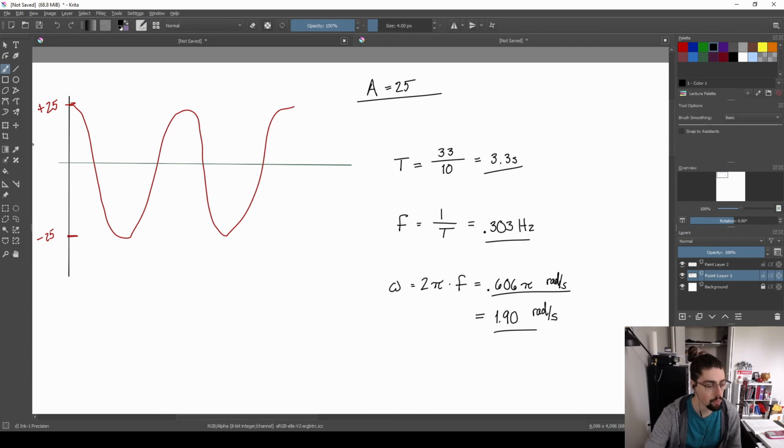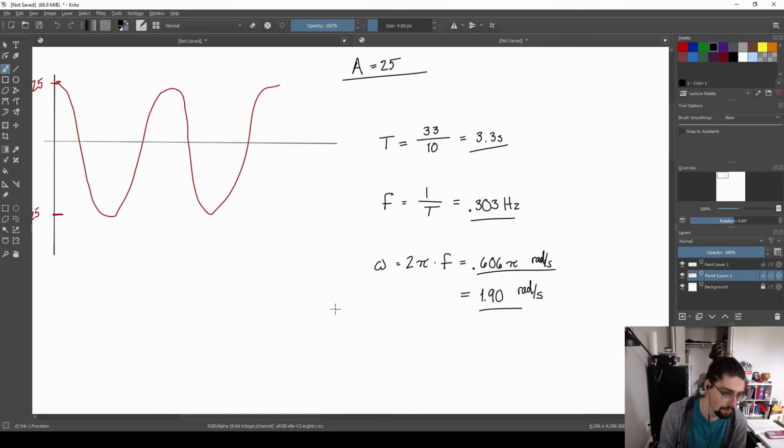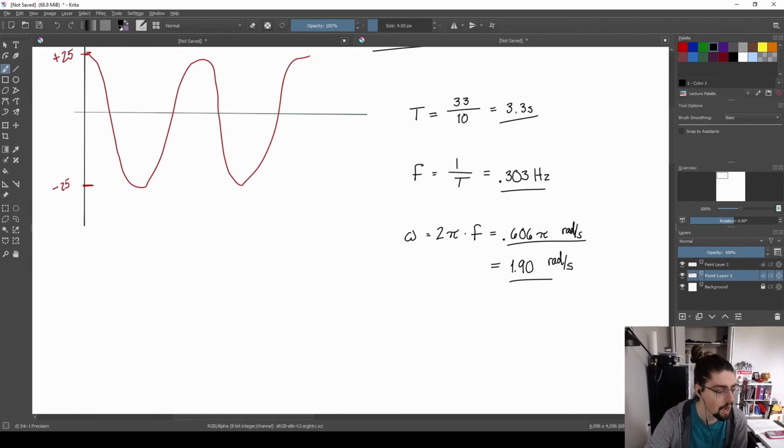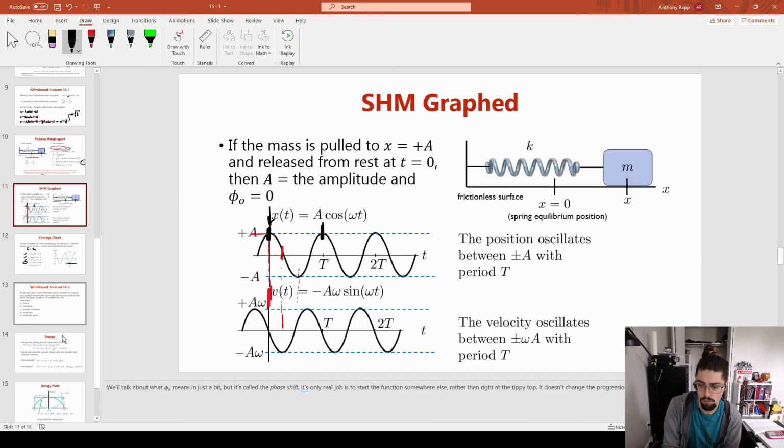The very last one that we were looking for was the maximum velocity. There's a couple different ways that I can imagine this, but probably the best way to imagine what's going on is to look at my description from before.